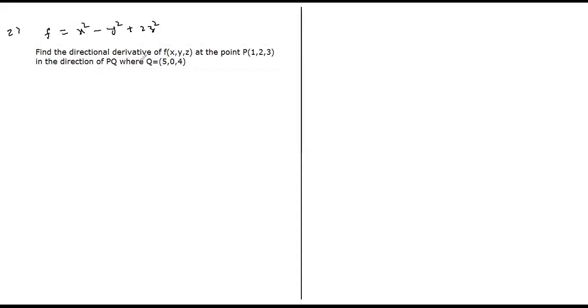I said for finding the directional derivative you need a scalar function and you need a direction. So first we shall write the formula for the directional derivative. df by ds is equal to del f dot a bar by mod a bar.